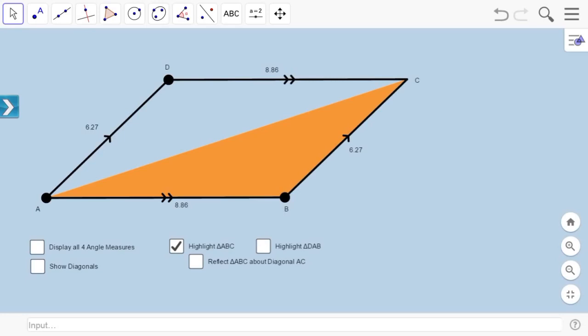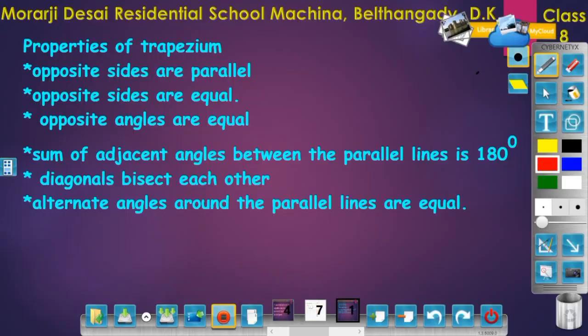They are congruent triangles, and triangle ADB and DBC are also congruent triangles. They are equal in area. Triangle DBA and DBC are equal in area. So these are the properties of parallelogram.